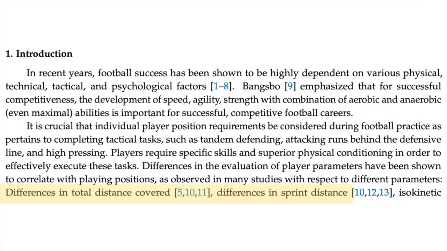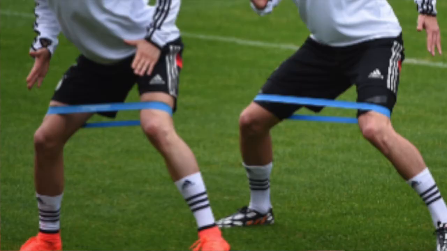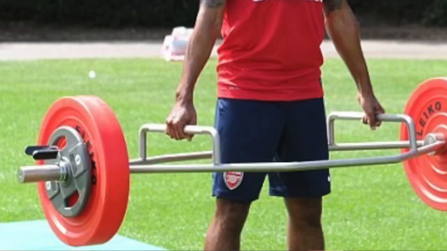There's differences, again, differences in total distance, sprint distance, strength, body composition. Their article talked about this a lot also. Power, the VO2 max, all of these things are important when designing, considering a position specific training program.